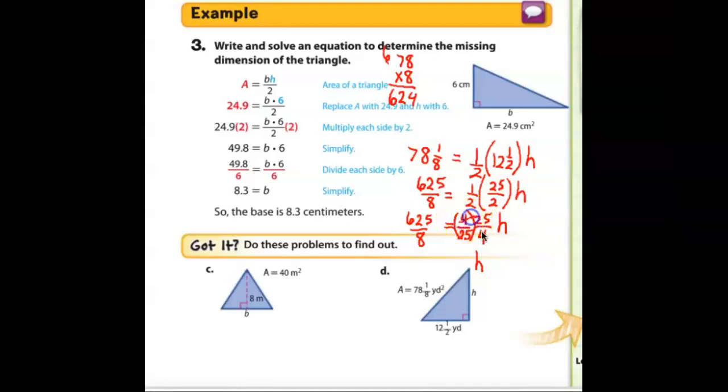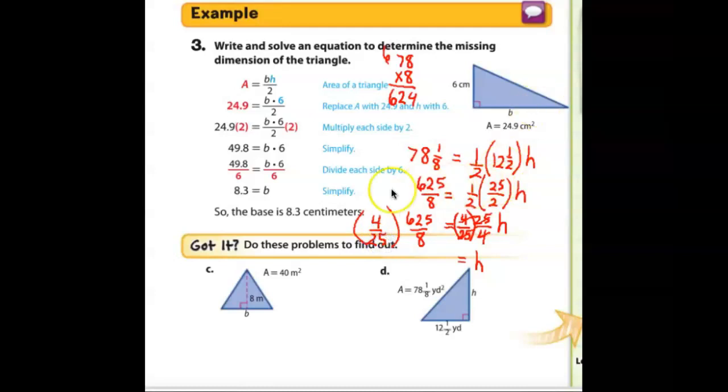That's going to cancel out because 4 can be divided by 4 and 25 can be divided by 25. And so that's how we end up with the 1h. But we have to do the same thing to the other side. So we're going to multiply 4/25 on the other side as well.